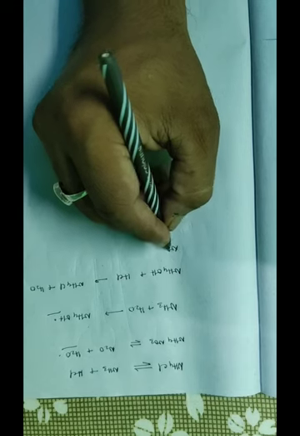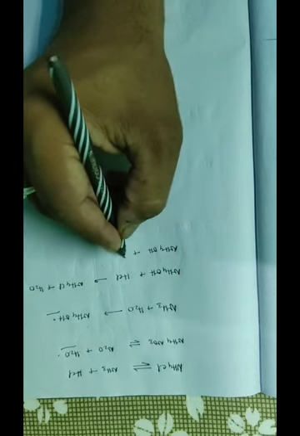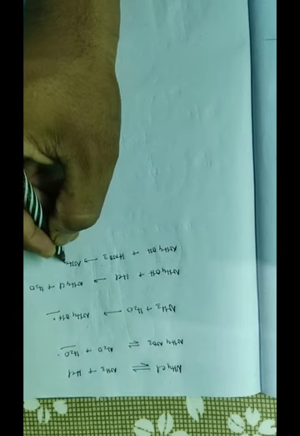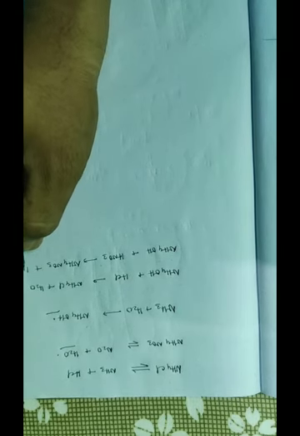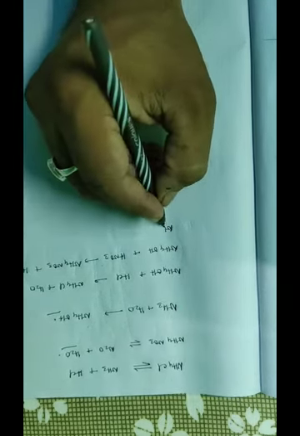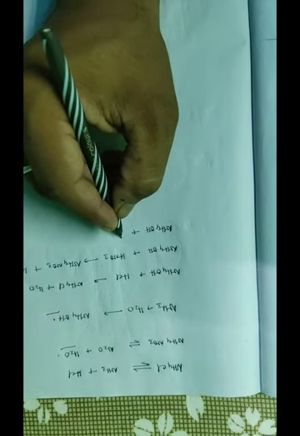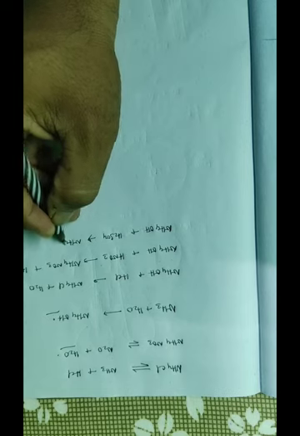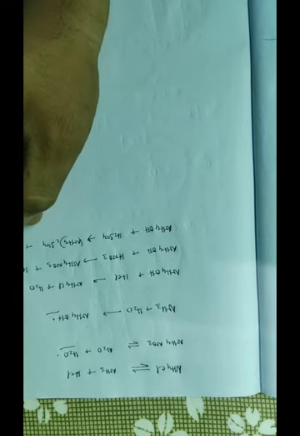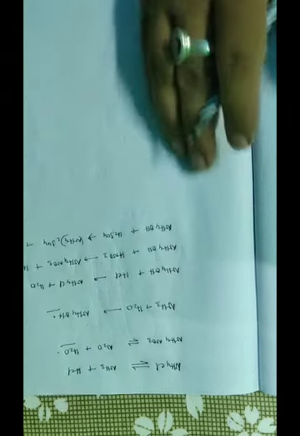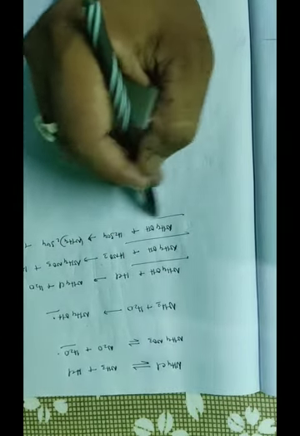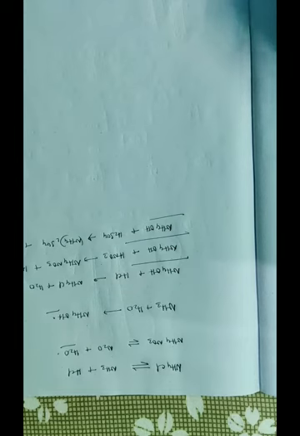Then NH4OH plus HNO3. This will be ammonium nitrate plus water. Now ammonium hydroxide plus H2SO4 gives (NH4)2SO4 plus water. Everywhere water is formed. See, these reactions are equally important, dear student.